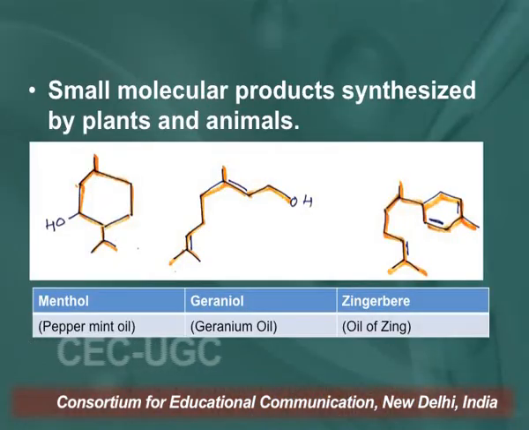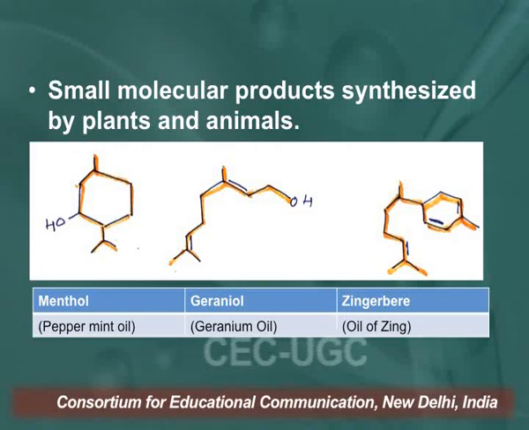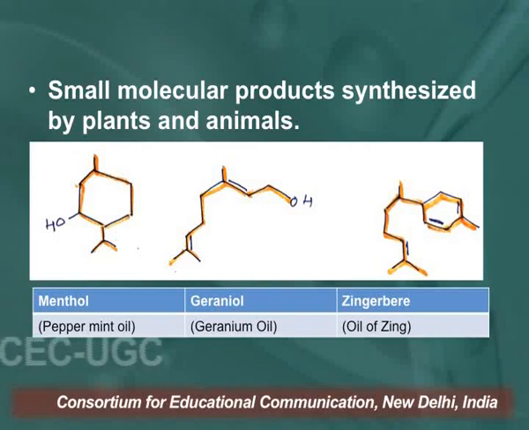Learners, in this slide you can see different structures, and these molecules are the products of different plants, like menthol, which is from peppermint oil, and geraniol, which is from geranium oil, similarly oil of ginger.